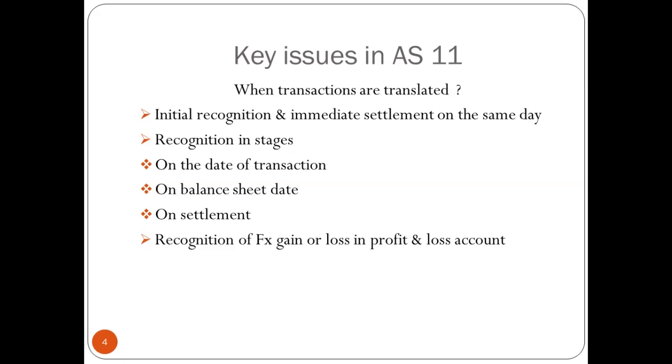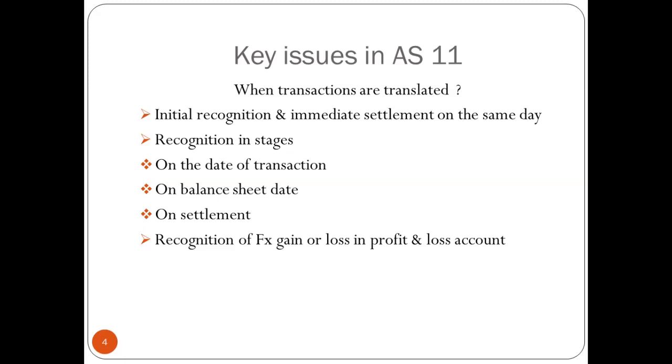Again, you have to translate the amount of dollars, the amount of outstanding money, at the given rate on the date of balance sheet. Suppose after March 2021, let's say in April 2021, you receive the money from the customer. Again, on settlement, when you receive the amount, the transaction is expected to be translated on the basis of the ruling rate of exchange on the date of settlement.